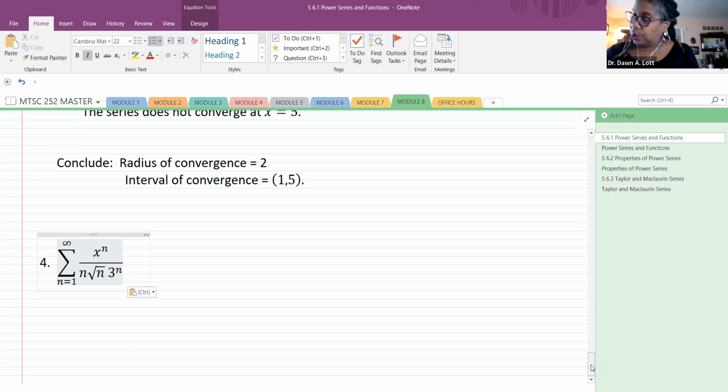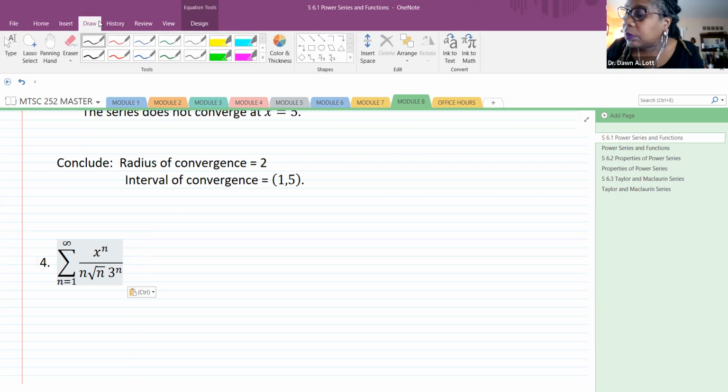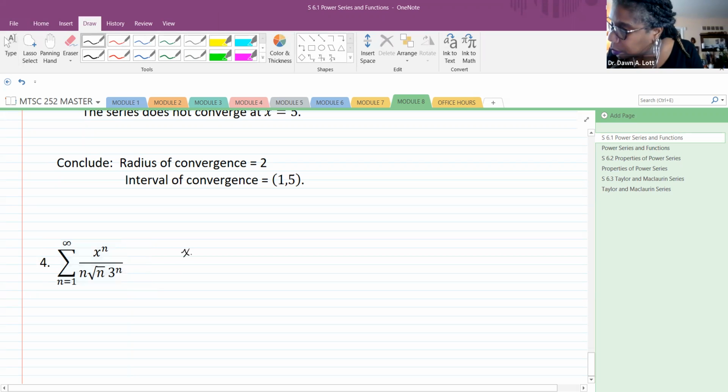All right, so let's look at this. Our x naught is 0 because it's x to the n. Our Cn is 1 over n times the square root of n times 3 to the n.